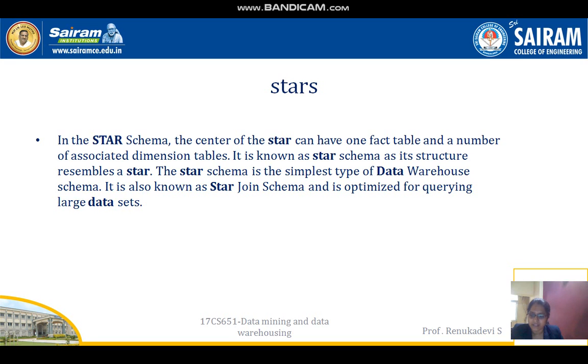The star schema separates business process data into facts, which hold the measurable, quantitative data about a business, and dimensions, which describe the attributes related to facts.